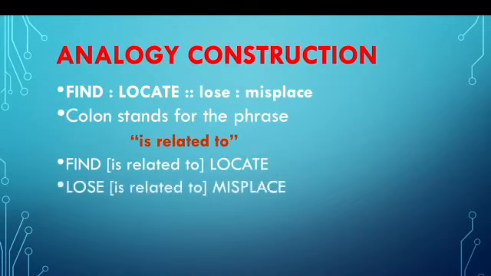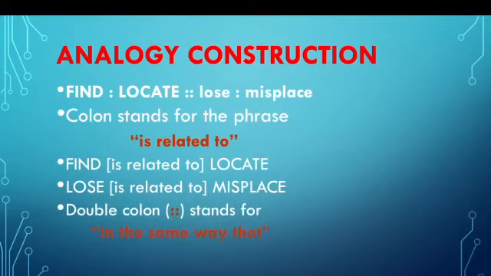On the other side we have the words lose and misplace, so we would say the same thing: lose is related to misplace. Now, the double colon stands for "in the same way that," or equal. So when we look at the analogy, find is to locate equals lose is to misplace.